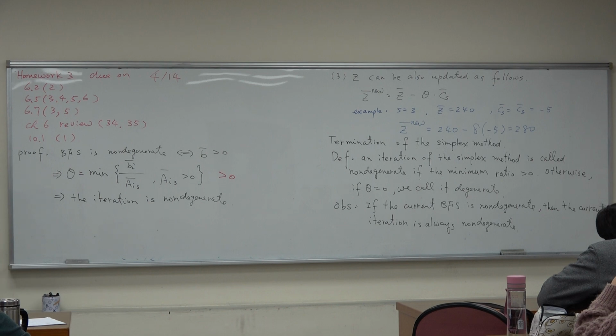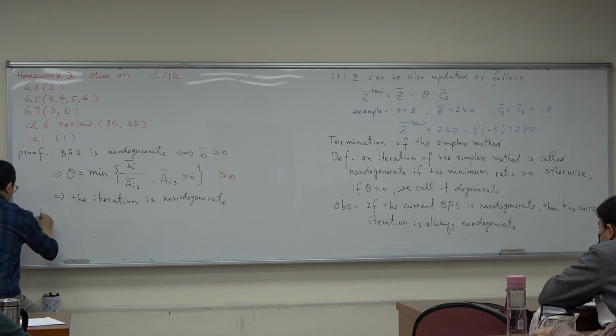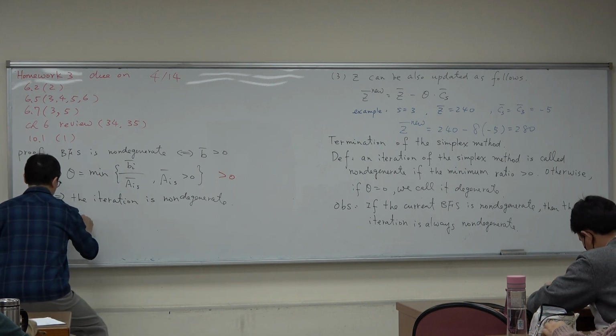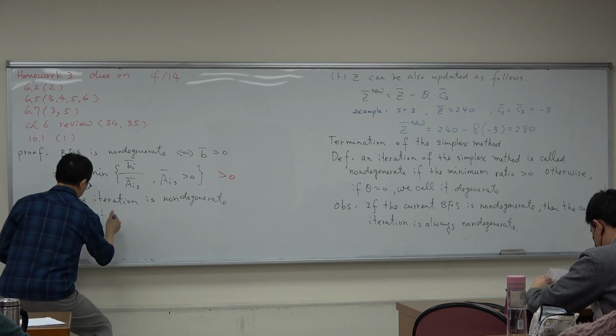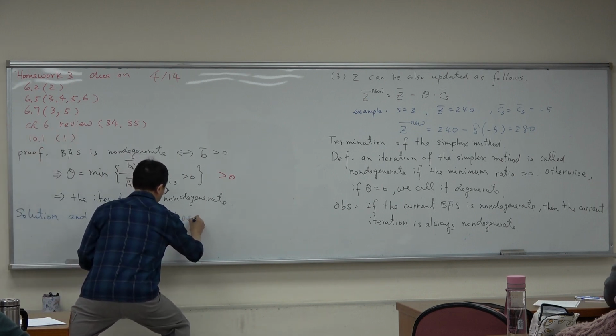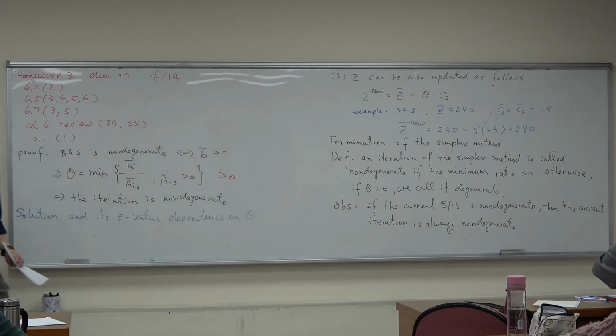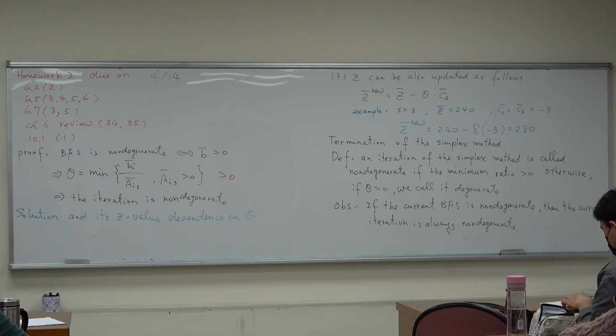Why is this so important? Let's go back to the previous update formula. When we try to update the right hand side, B bar, or the z value, we need theta.